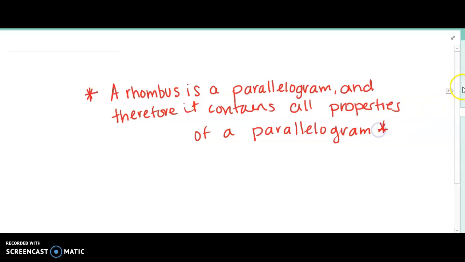So in addition to the two properties we just learned, it has all properties of a parallelogram as well.